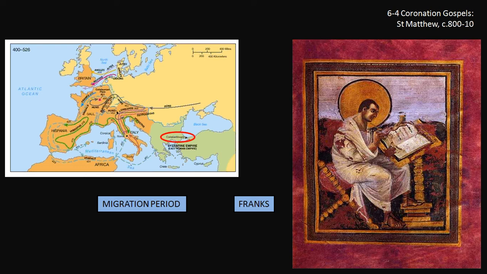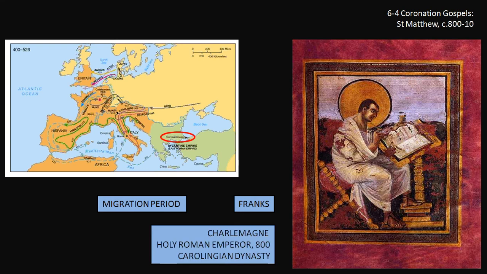But they soon convert to Christianity and establish a very tight relationship with the Pope. Already by the year 500, the Frankish people have a solid and mutually beneficial relationship with the papacy.